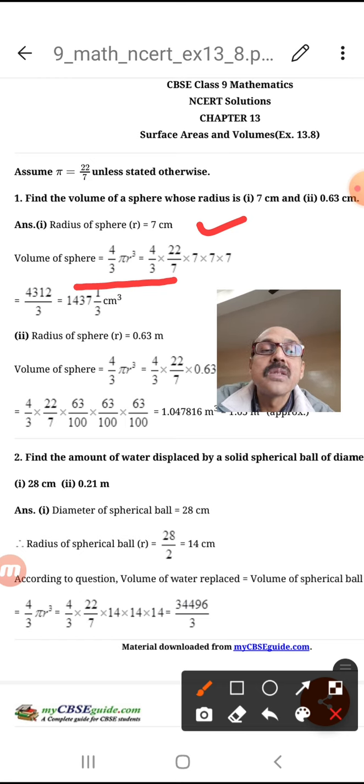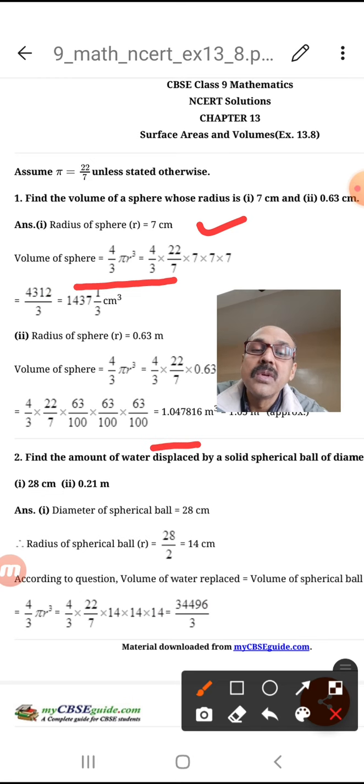Now in second question, same type question, radius is 0.63 centimeter. So 4 by 3 pi r cube, that is 4 by 3 pi 22 by 7 into 0.63 cube. So 0.63 means 63 by 100.